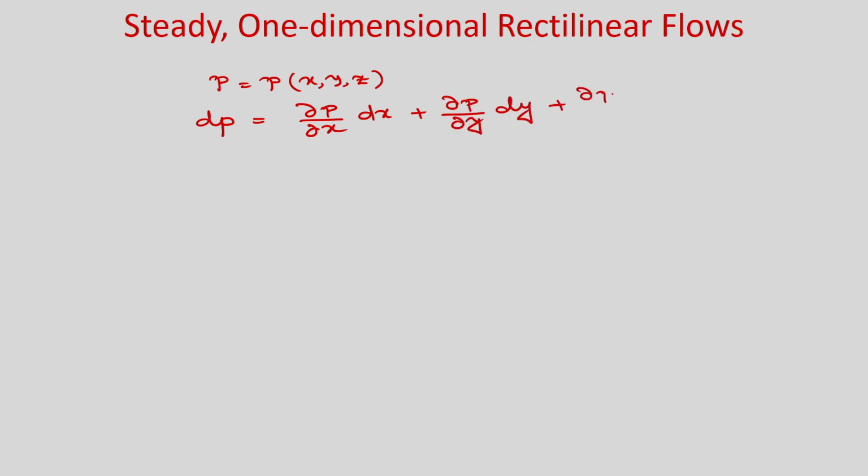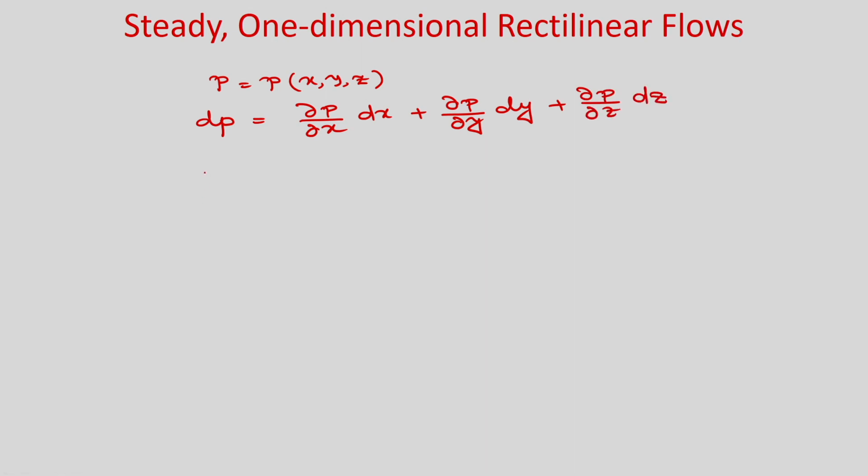So, now we know that pressure is a function of x, y and z. So, we can write dP is equal to del p by del x dx plus del p by del y dy plus del p by del z dz.